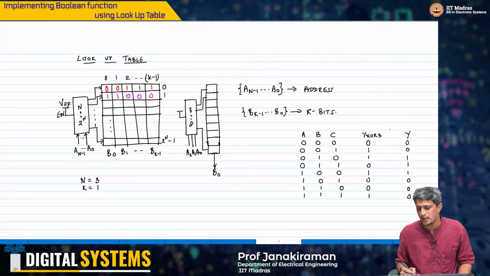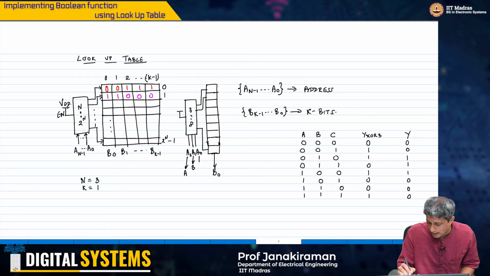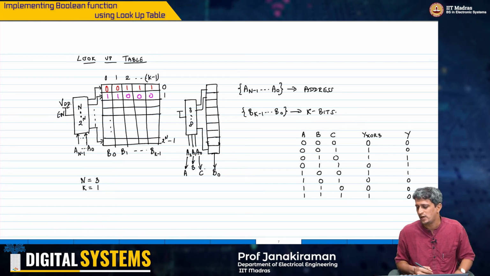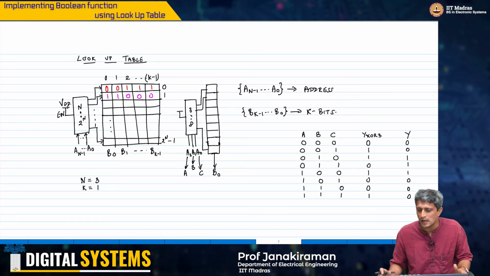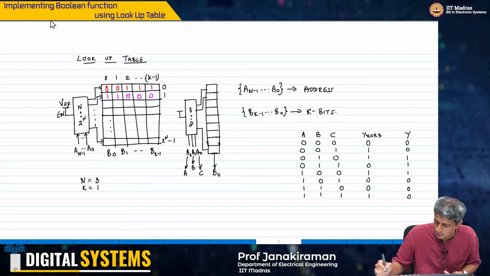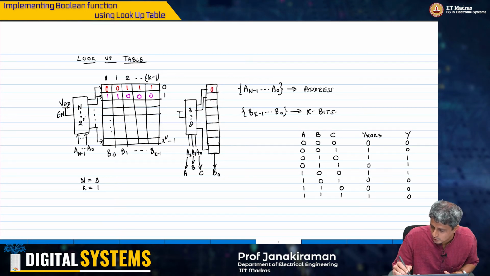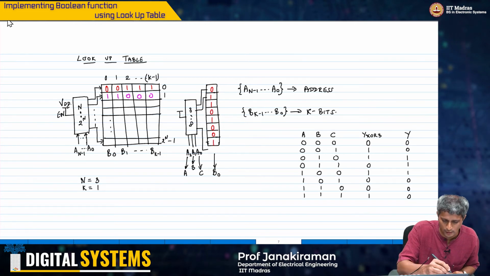All I have to do is simply connect A2 to A, A1 to B, and A0 to C. Now when ABC is 0, 0, 0, row 0 will get activated, and in that location I simply need to load this particular truth table value: 0, 1, 1, 0, 1, 0, 0, 1.